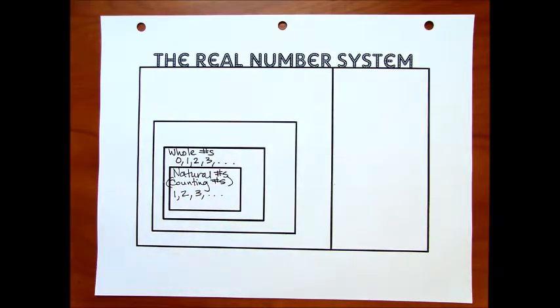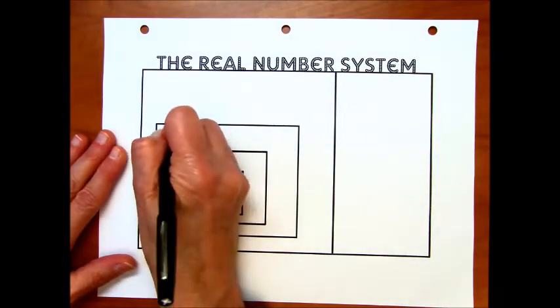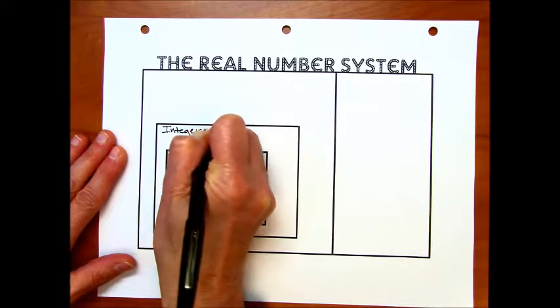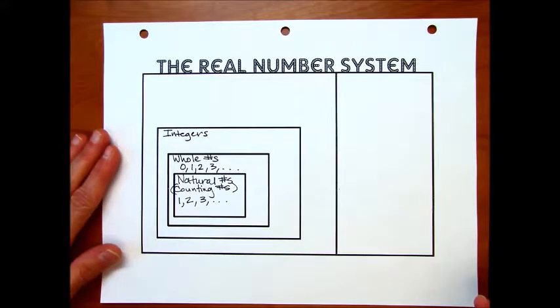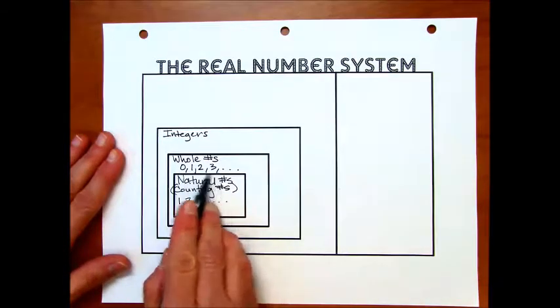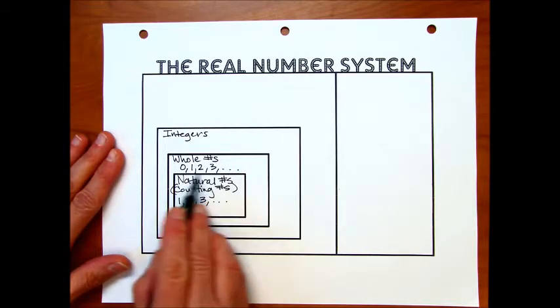The next group up is called integers. Integers include negative numbers as well as the whole numbers. Notice the whole numbers have 0 and positive numbers.